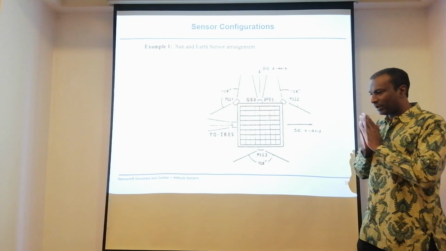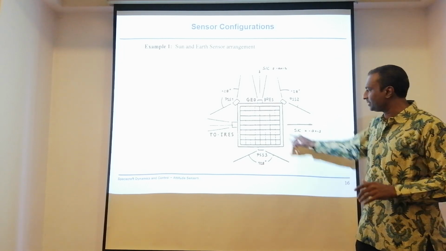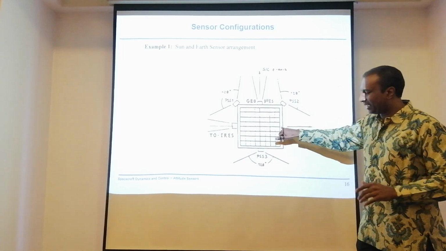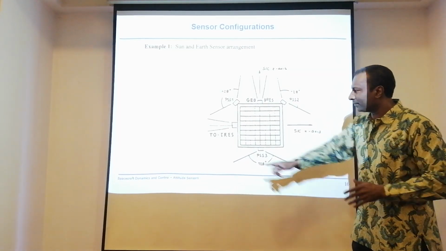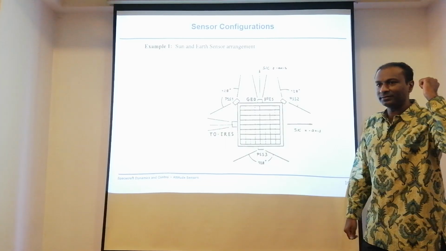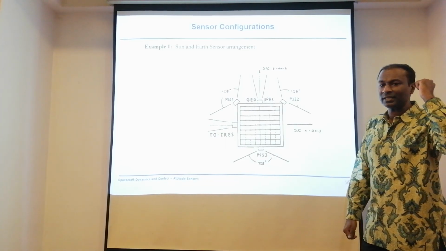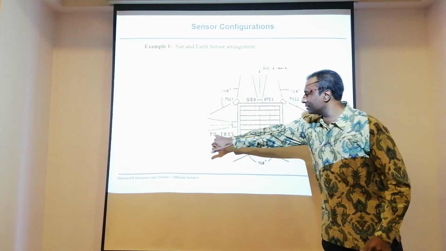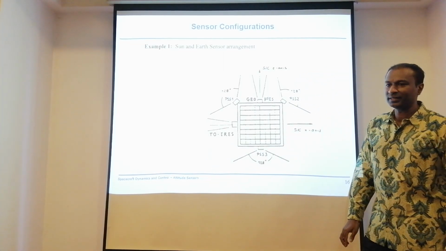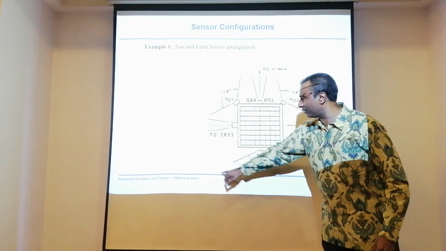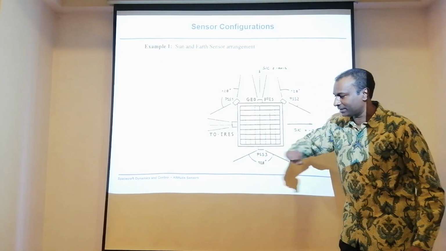At the transfer orbit, when you are flying, your X-axis is the flight direction. Technically speaking, your back is to planet Earth. So this sensor will be used during the transfer. That's the reason it's called a transfer orbit Earth sensor.